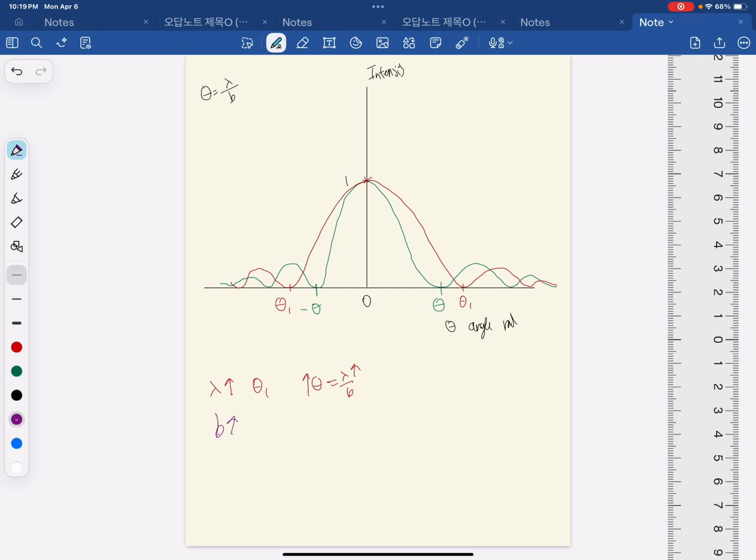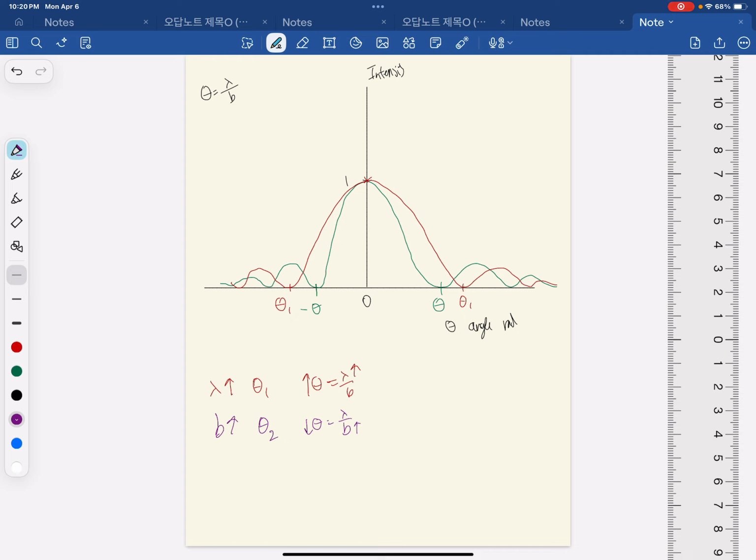Then what if b increased? In the case where b increases, I'm going to call the theta of this new single slit pattern theta 2. And in the case where b increases, theta will now decrease, right?